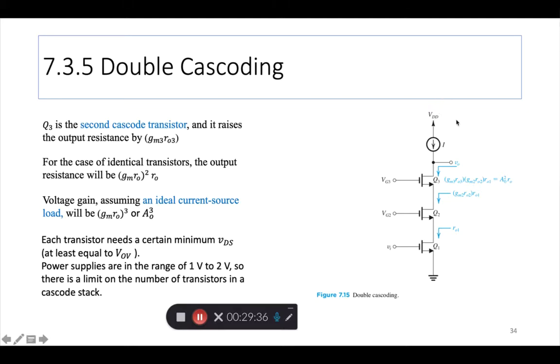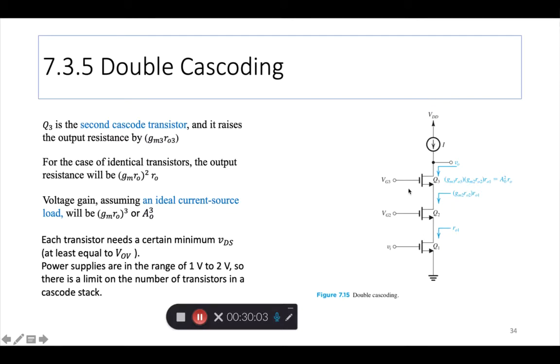Also, we said that for integrated circuit transistors or integrated circuit amplifiers, the VDD is not very high. It's only 1 to 2 volts. It's not like 10 volts or 15 volts, as for discrete transistors. Given that you only have 1 or 2 volts here, and you need an overdrive voltage of about 0.2 at least, when you're adding transistors, you can only add so much.